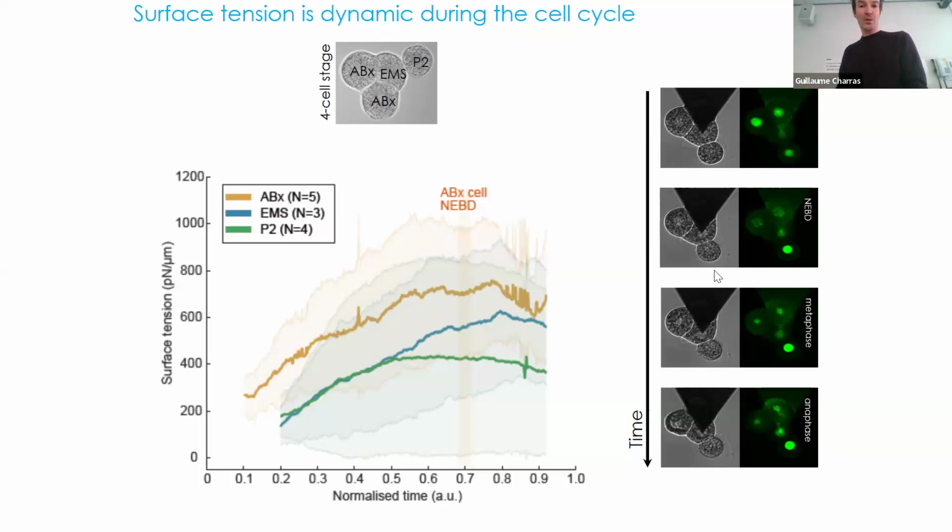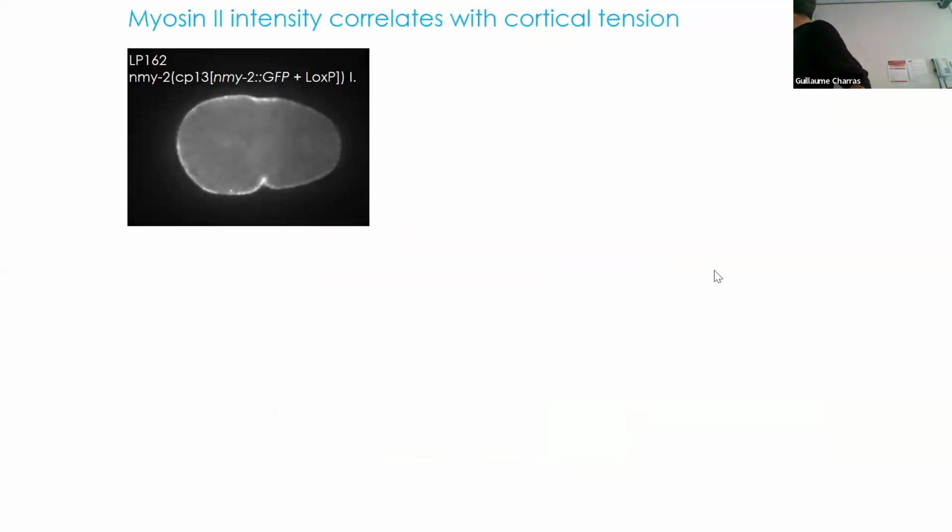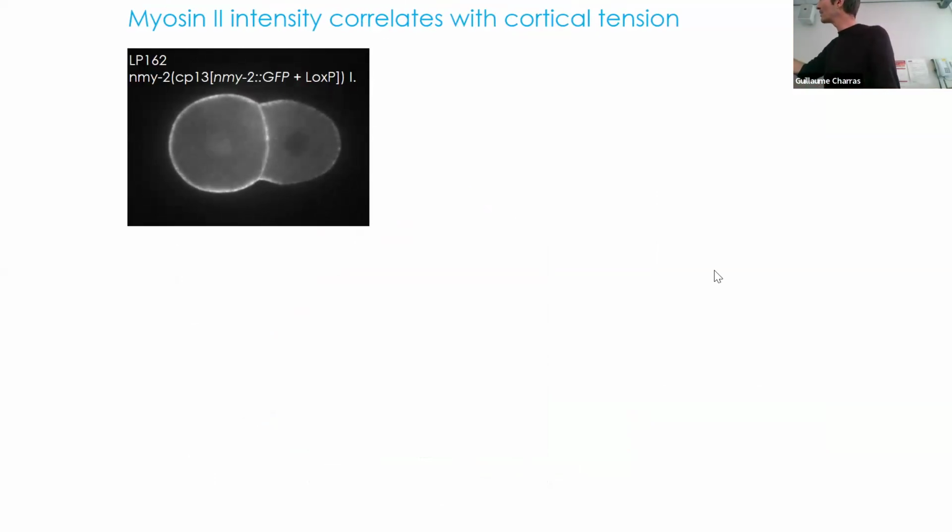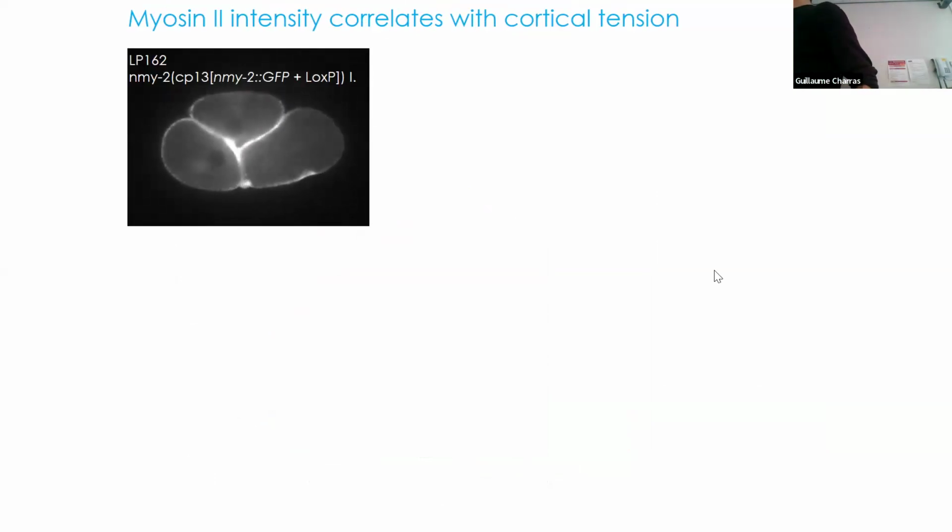So we wanted to ask where those dynamics come from, and here I come back to being actomyosin centric. Myosin is a good candidate for that. So we used embryos that express a genetic replacement for myosin 2 with a GFP fusion.